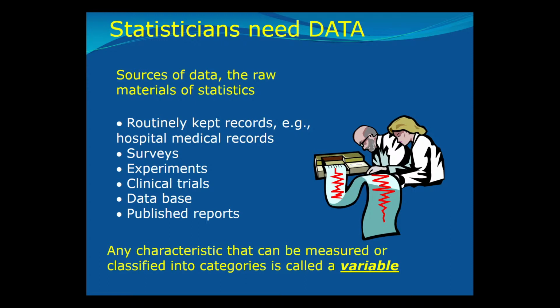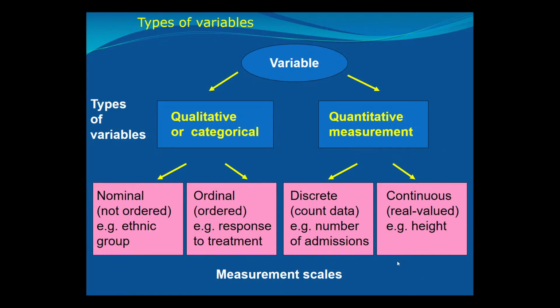the patient's data. Any characteristic that can be measured or classified into categories is called a variable. A variable is a very important element we use in statistics. Characteristics of a patient that can be measured or classified into different categories. Let's look at the types of variables.